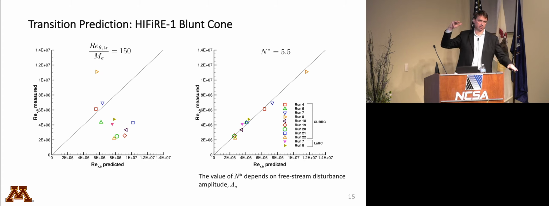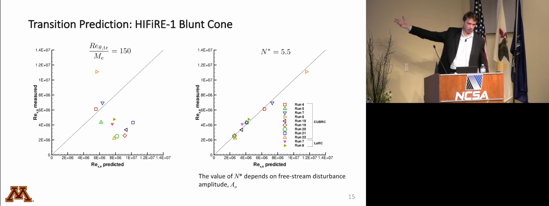Now you have a disturbance field at a certain initial amplitude. That initial amplitude could be very low if you're in flight, or quite high if you're in a conventional wind tunnel. So the n factor measures the log of that ratio. If I'm in flight, I'm going to need a larger n factor to get to that critical amplitude.